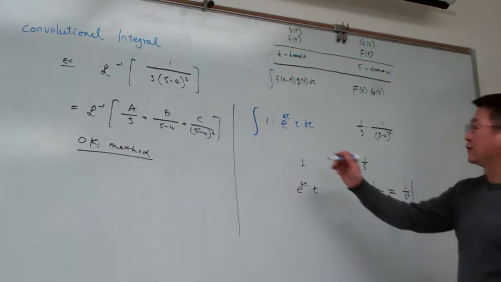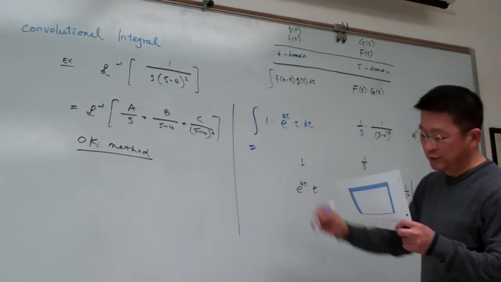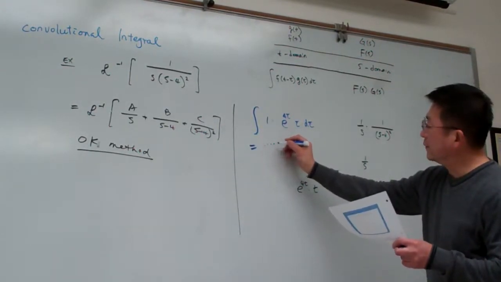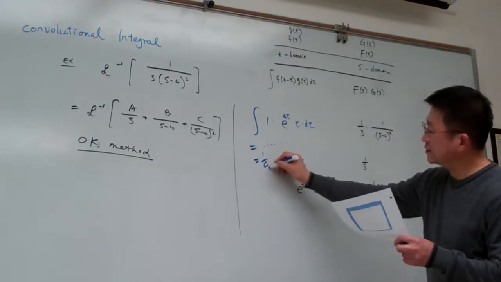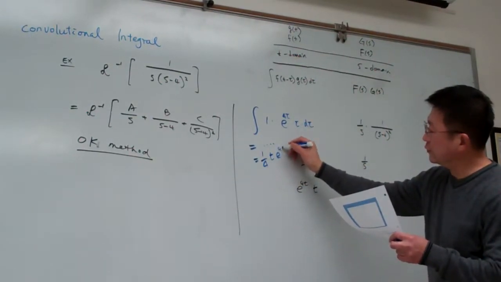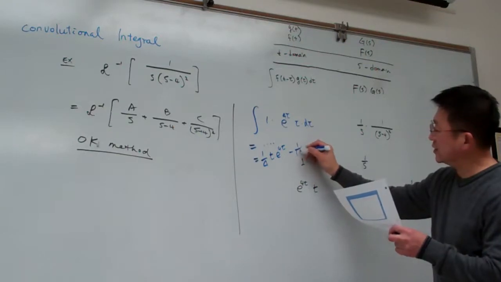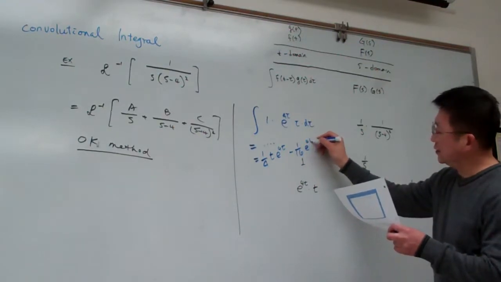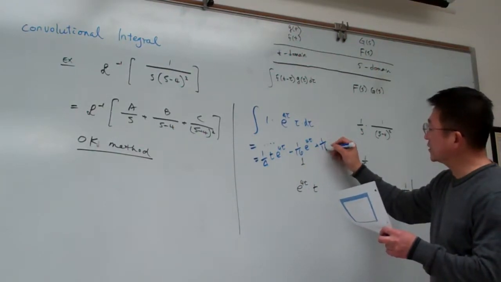Okay, so if you carry this out with a few more steps, that one will be equal to 1/4 t e to the 4t minus 1/16 e to the 4t plus 1/16.